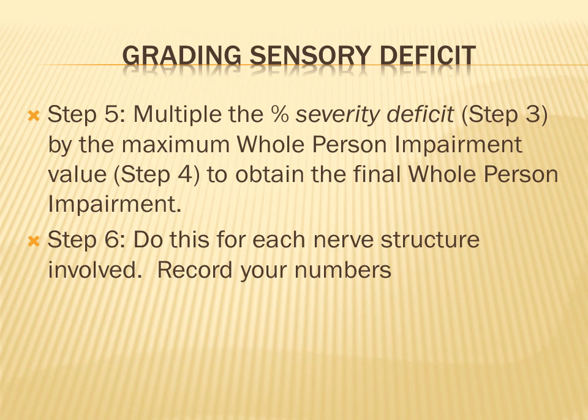We then multiply that by the maximum whole person impairment value that we discovered in table 17-37, and this gives us the final whole person impairment due to sensory deficit. And we simply repeat this procedure for each of the nerve structures involved, and we record our numbers.